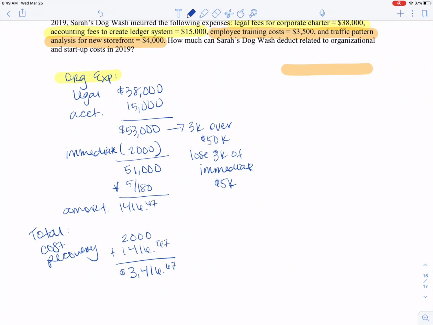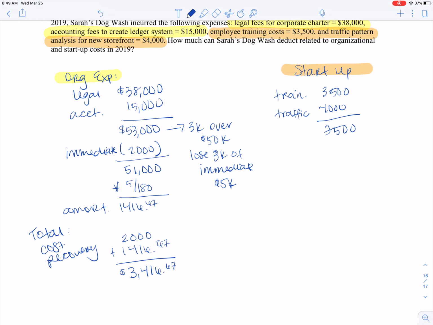All right, if I come over here and look at the startup costs, the rules are really the same, but we look at them separately. So I had training of $3,500, and I had the traffic analysis that was $4,000. $7,500 in total startup costs.